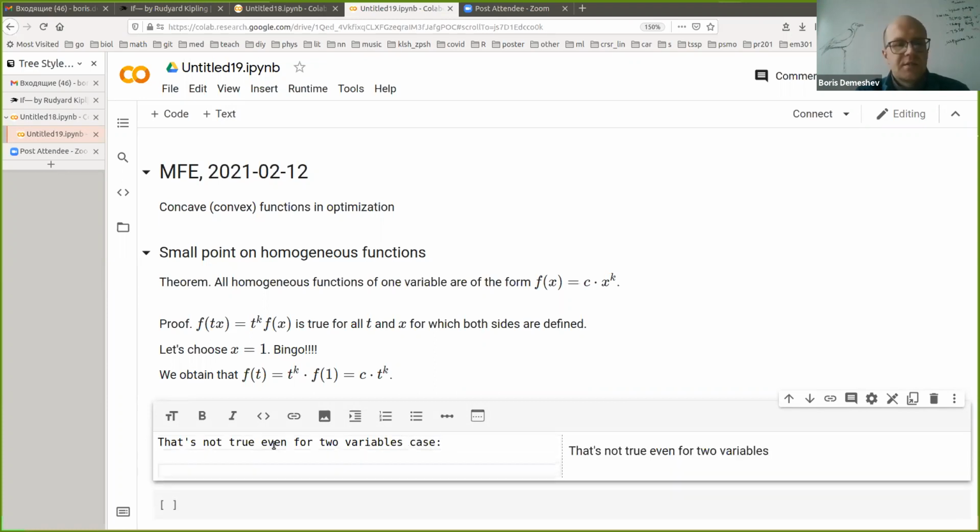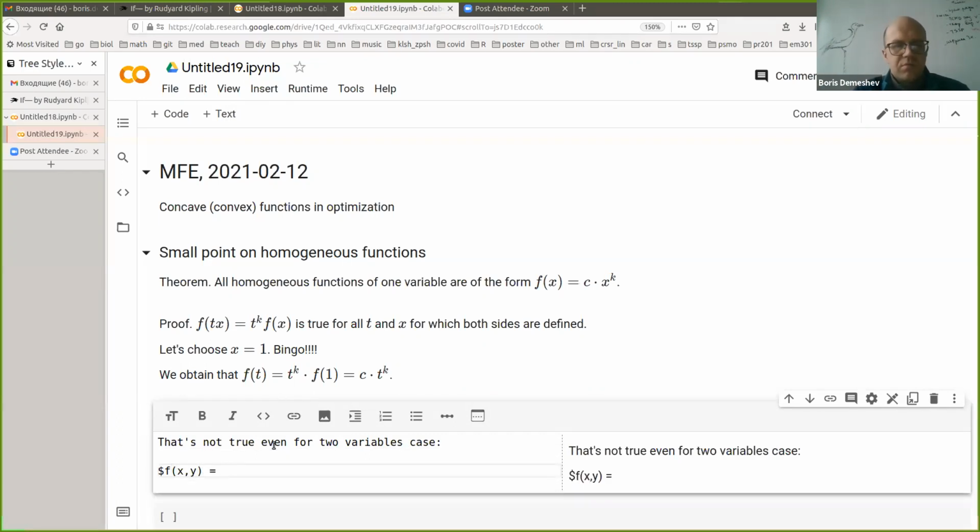So in this case, I can provide something like f(x, y) is x to the power 5 cosine of x over y plus y to the power 7 divided by x plus y sine of x over y. So I can get something like this.